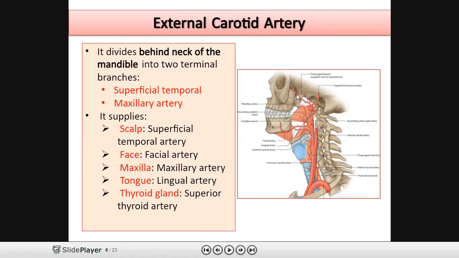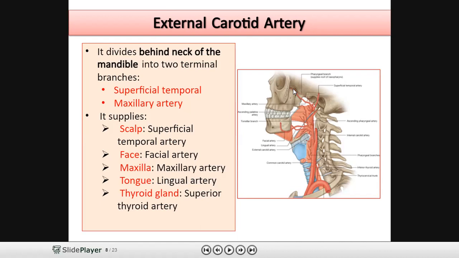So the external carotid artery would terminate as two branches. Maxillary artery going to supply the maxilla, the muscles of the maxilla, and the superficial temporal artery. This is superficial temporal artery going to supply the temporal region of the brain. Superficial temporal and maxillary artery are the two terminal or end branches of the external carotid artery.